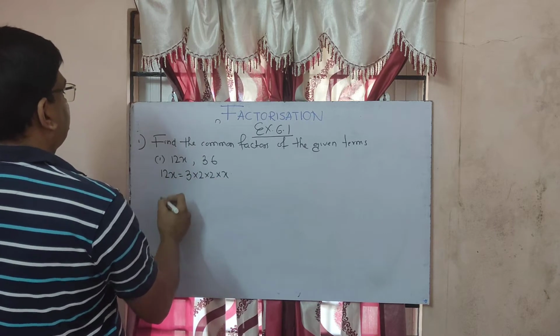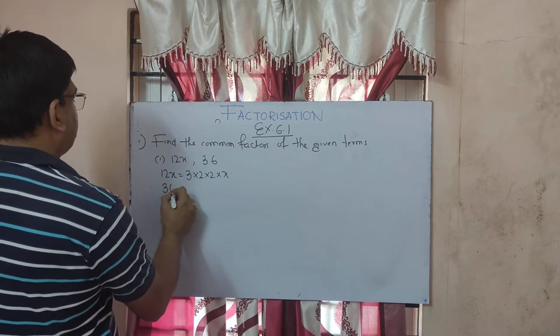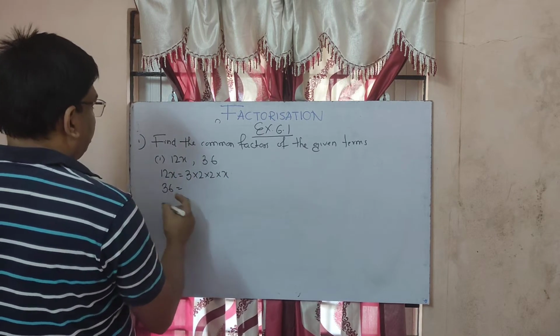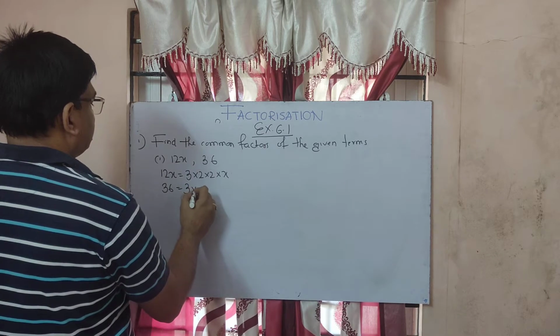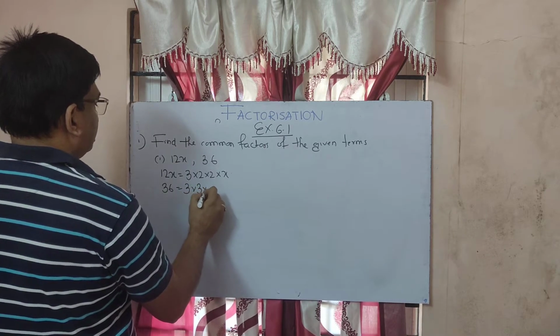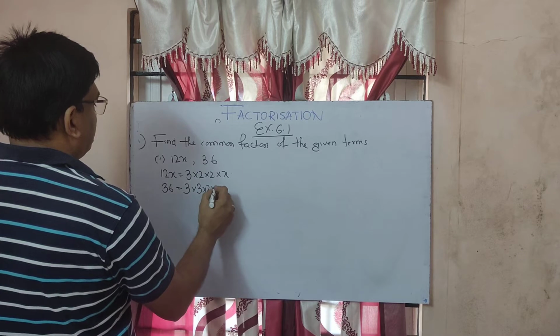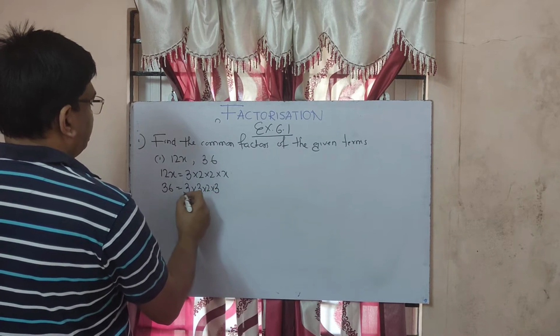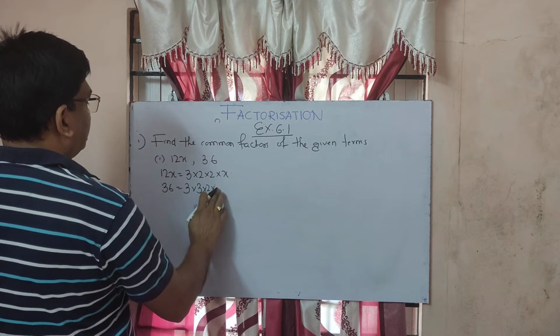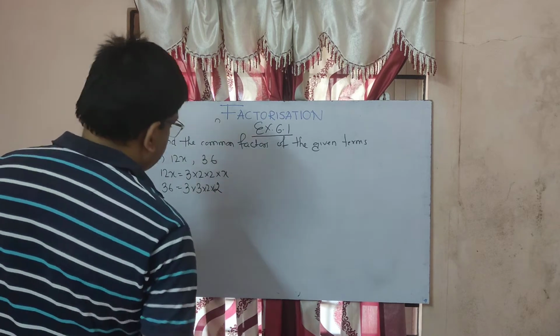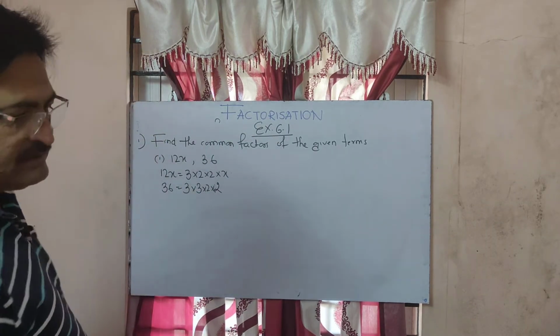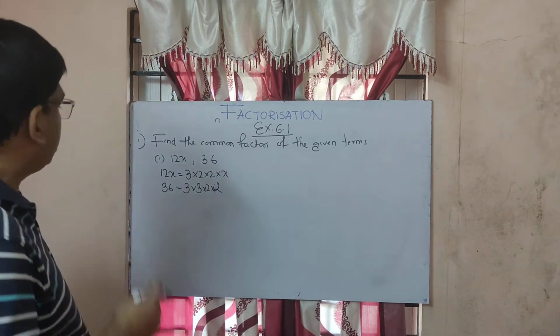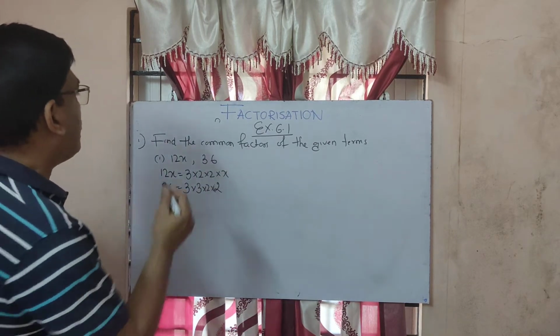So these are the factors of 12x. In the same way, the factors of 36: 3 threes are 9, 9 twos are 18, 18 twos are 36. So now these are the factors of 12x and 36, and you have to find the common factors.